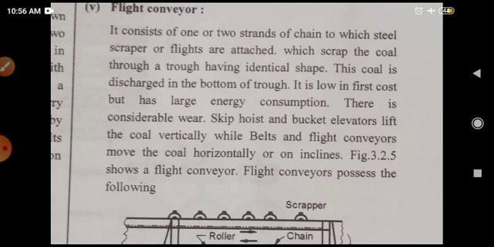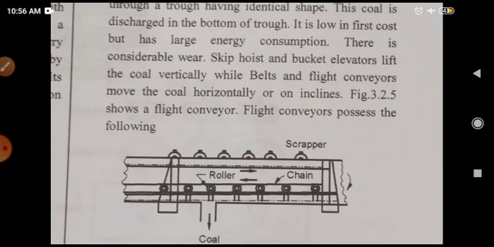This coal is discharged at the bottom of the trough. It is low in first cost but has large energy consumption. There is considerable wear. Skip hoist and bucket elevator lift the coal vertically, while belt and flight conveyors move the coal horizontally or on an inclination.